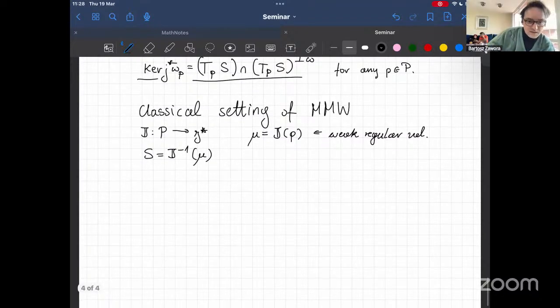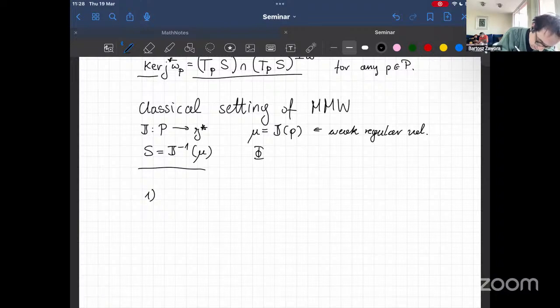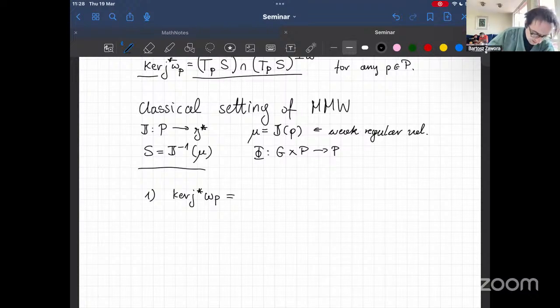Take the level set, and what we get by this theorem is, first of all, applying this general setting, and we have also a Lie group action that leaves the symplectic form invariant. So first of all, one can compute that the characteristic distribution of this two-form pulled back to the level set.